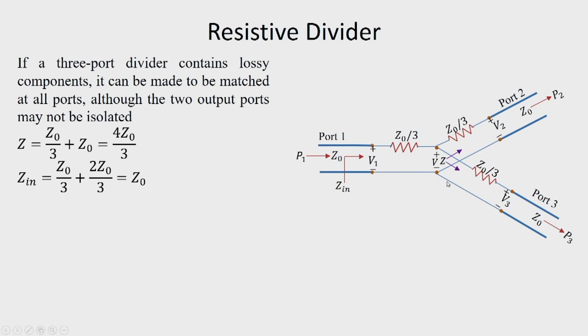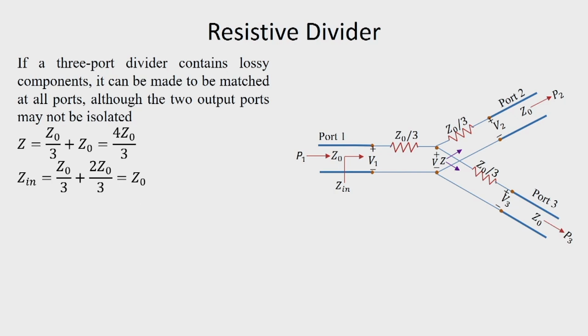And in fact, this network is a symmetrical network. So, you take port 2, then also you will find, if we look from this port 2, the input impedance will be Z0, and therefore, port 2 also will be matched. Similarly, port 3 also will be matched.